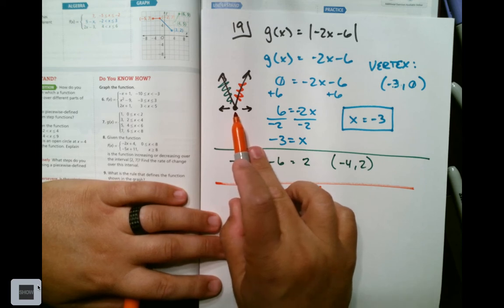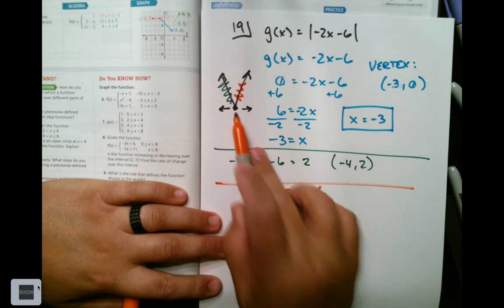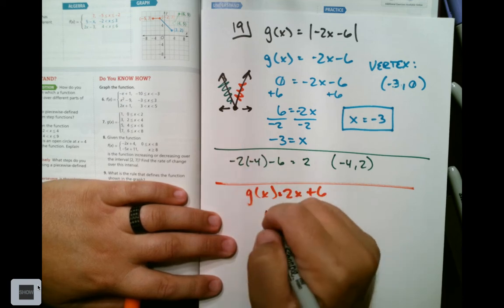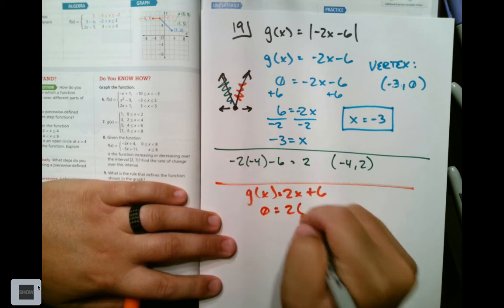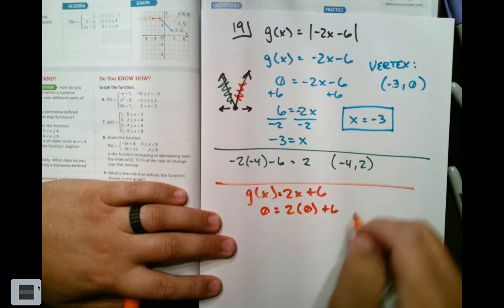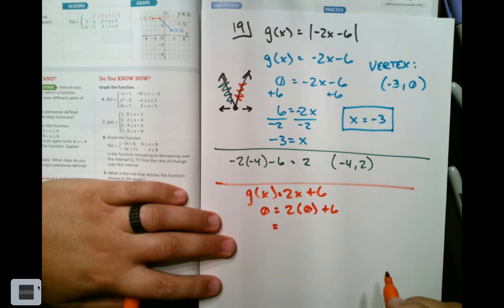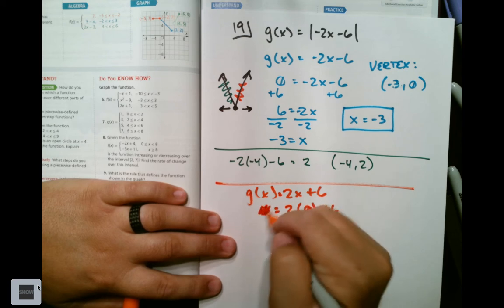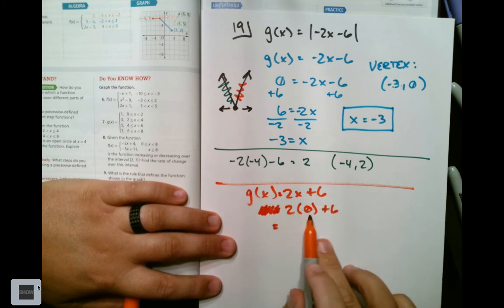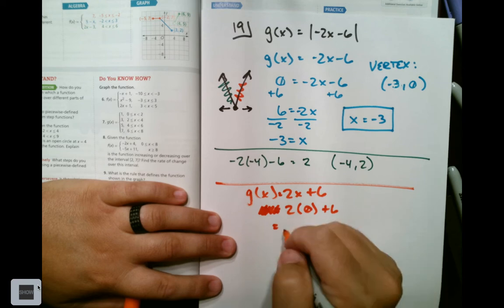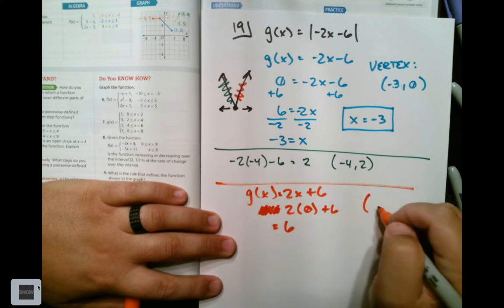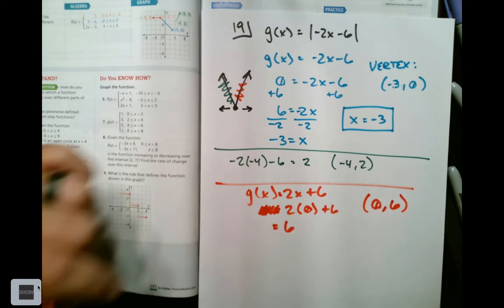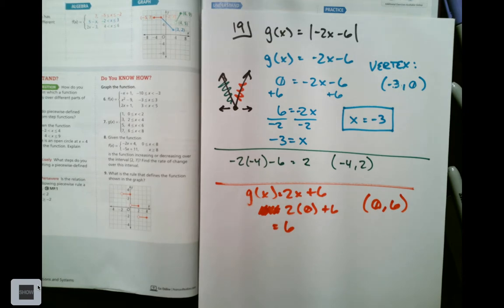You could pick 0. You could pick whatever you want. I'm going to pick 0 because I think it's going to help me out. 2 times 0 is 0. 0 plus 6 is 6. So that's going to give me the point 0 comma 6.